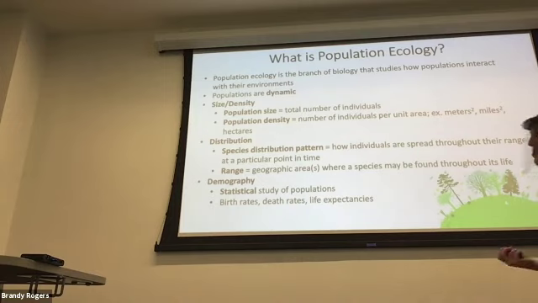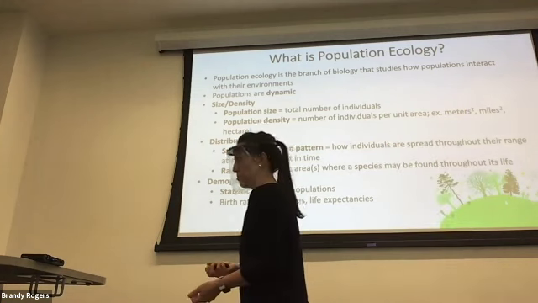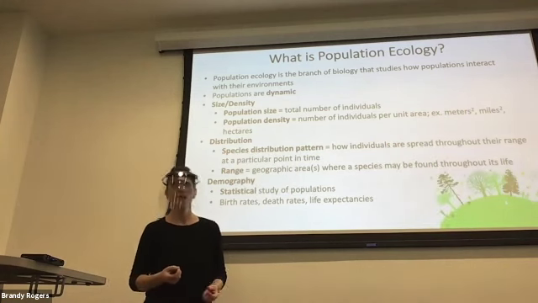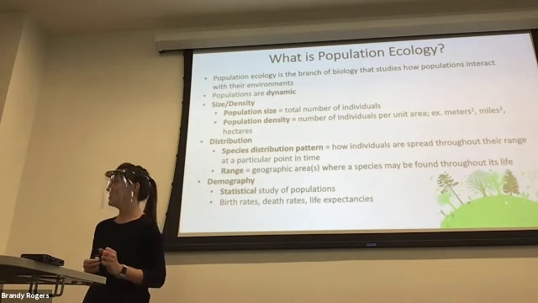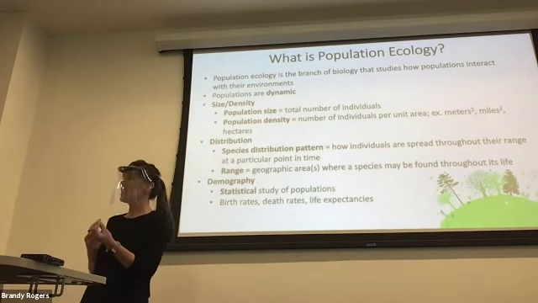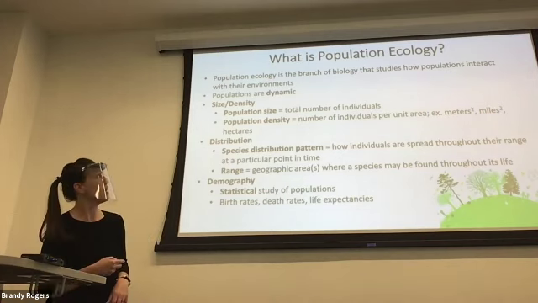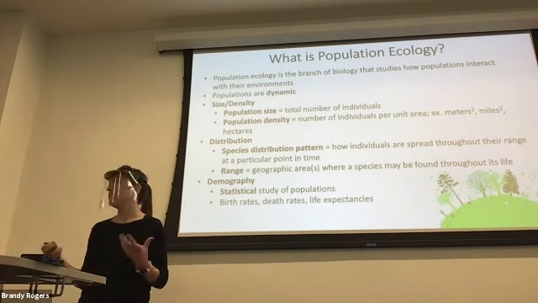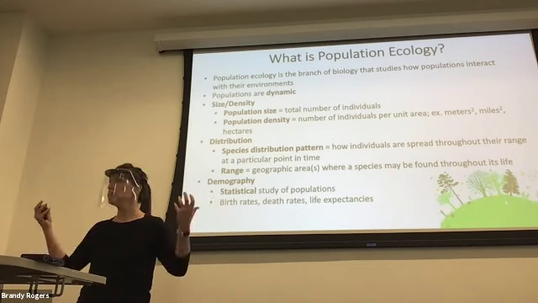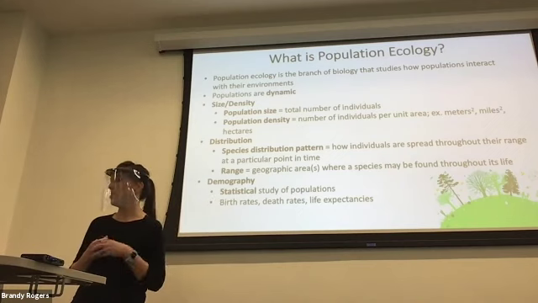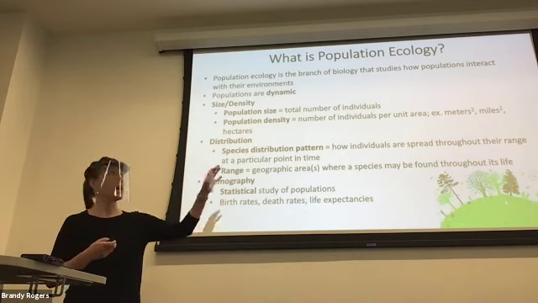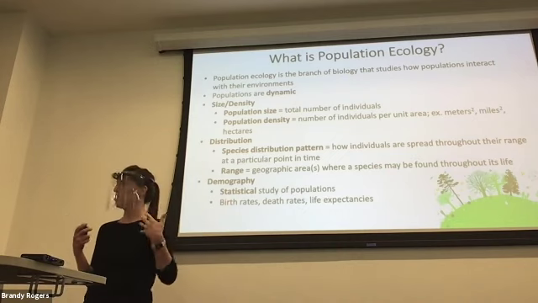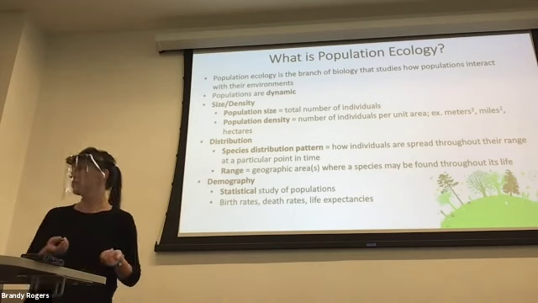If you're looking at a population of bacteria, you could talk about per milliliter, so your unit area can be really tiny. If you're talking about something like a population of elephants, your unit area is probably going to be bigger than the milliliter. You with me? Once again, as a population ecologist, you're setting your own parameters based on what you're trying to study.